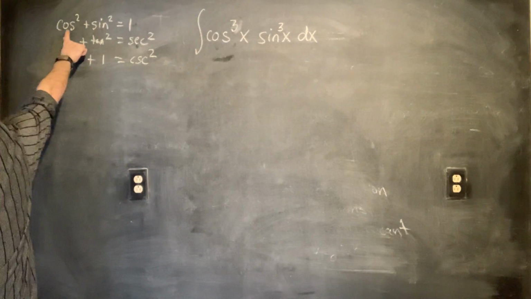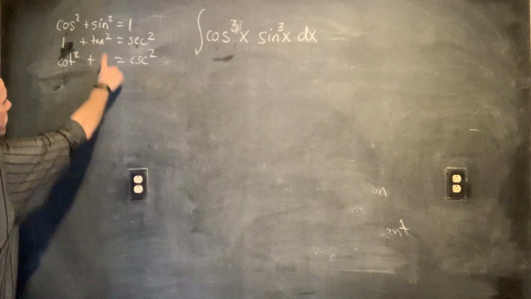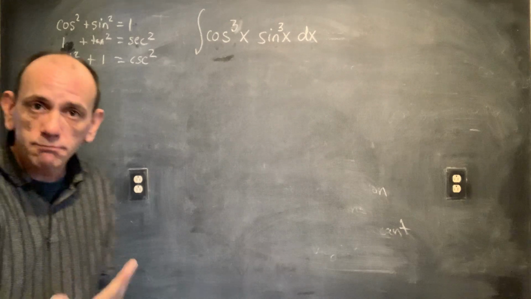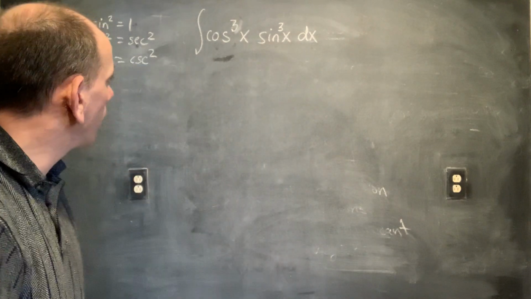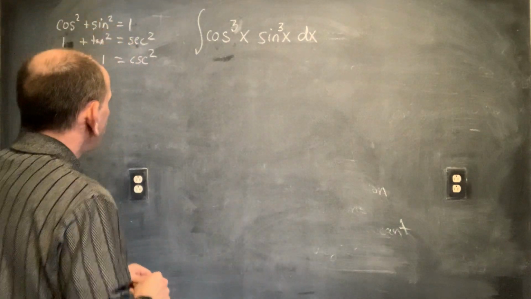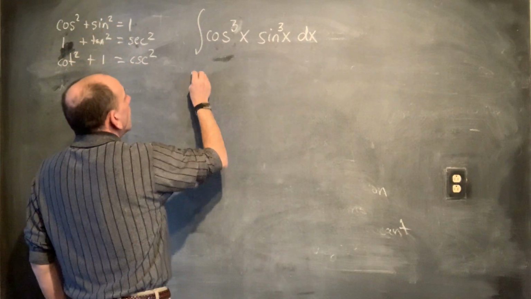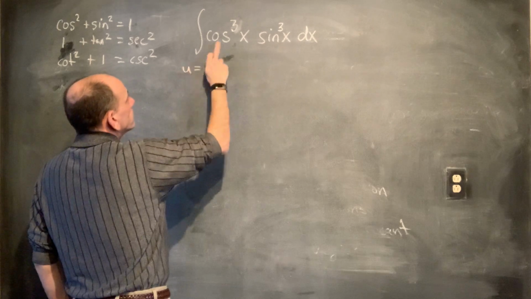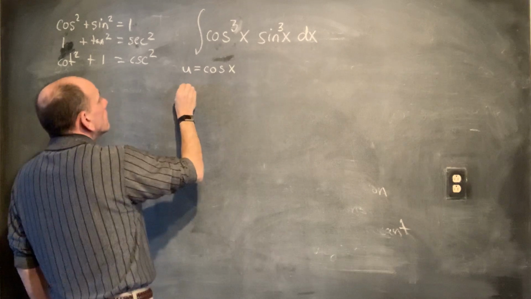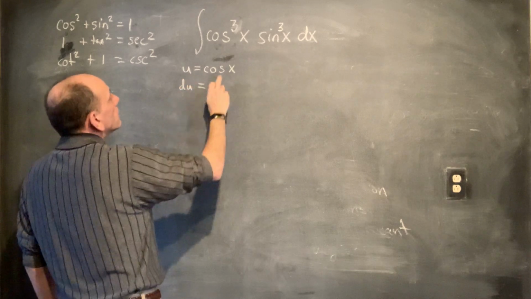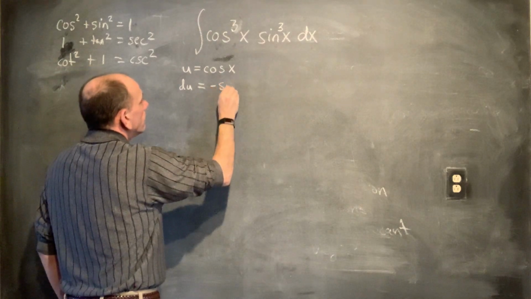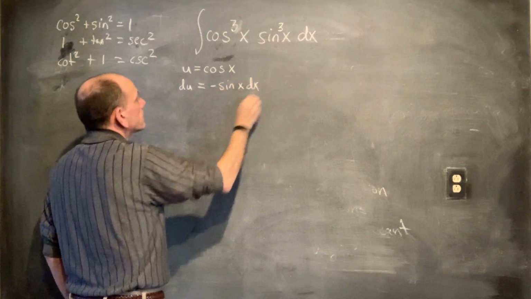If I wanted to go between sines and cosines, I can use this one. If I want to go between tangents and secants, I can use this one, cotangents and cosecants, that one. And I can convert them back and forth. So let's see, I want to do it both ways. If u is the cosine of x, that will mean that du, the derivative of the cosine, is negative sine of x dx.